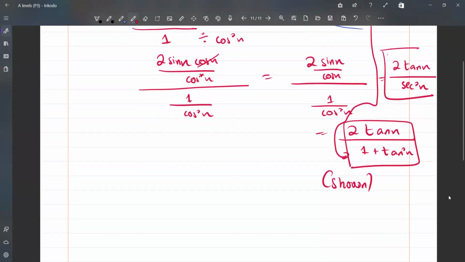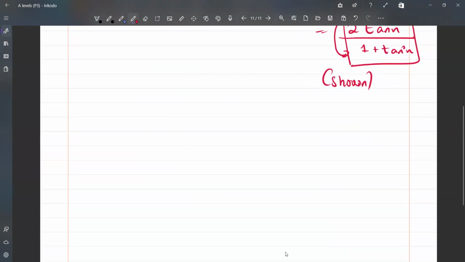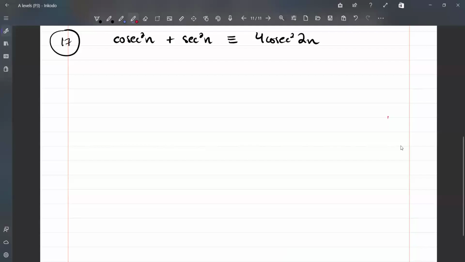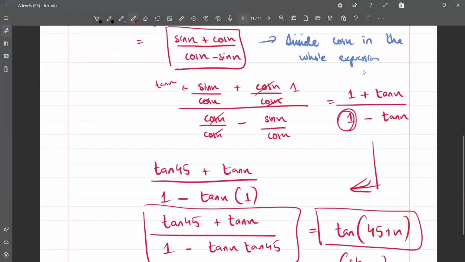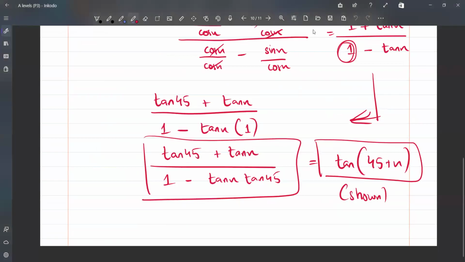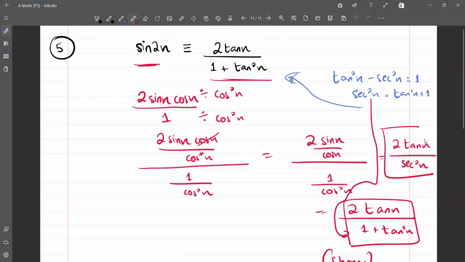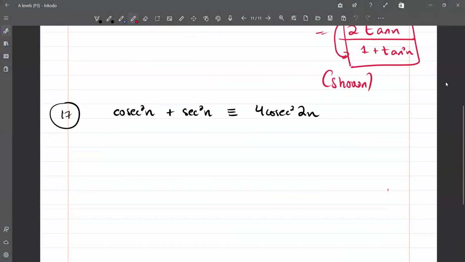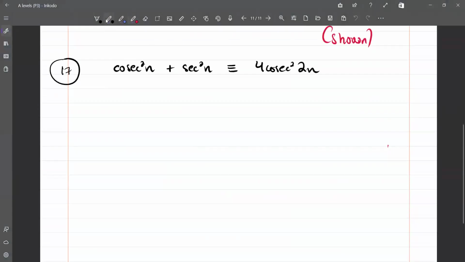So our next identity. So this is identity number 6. Why have I written 17 here? Yeah, this is 6. All right.